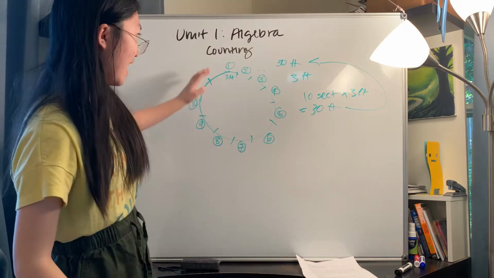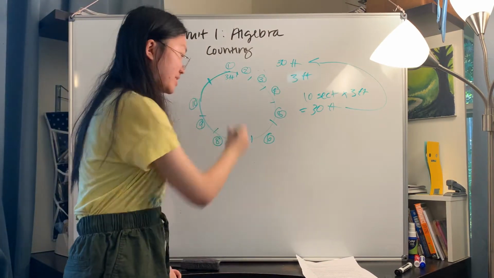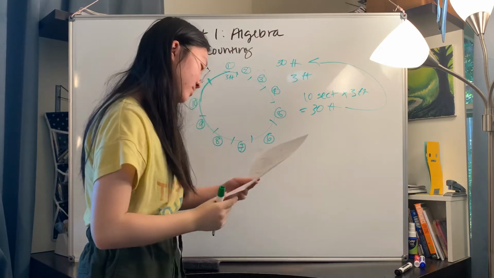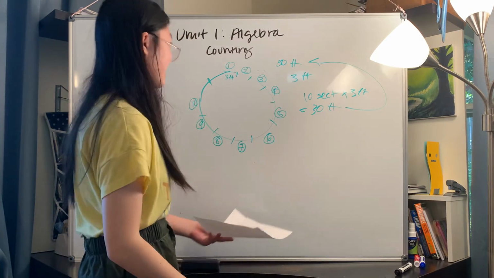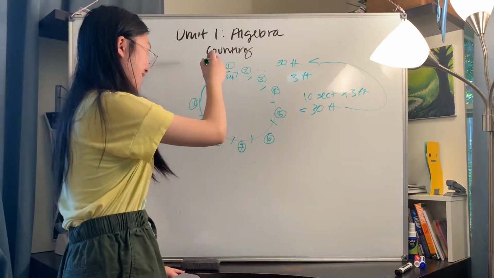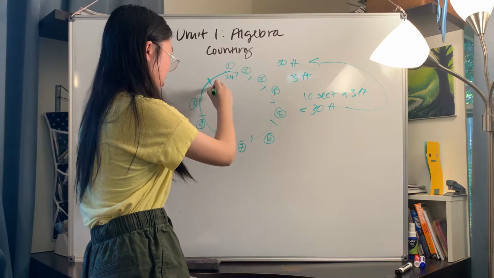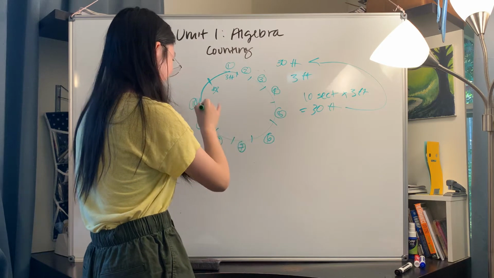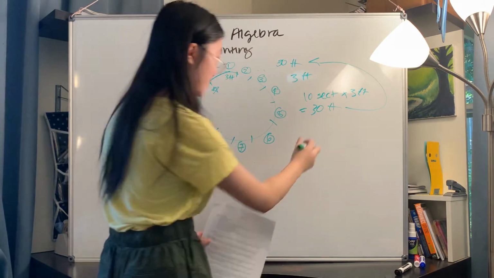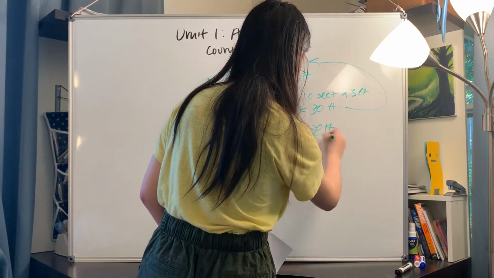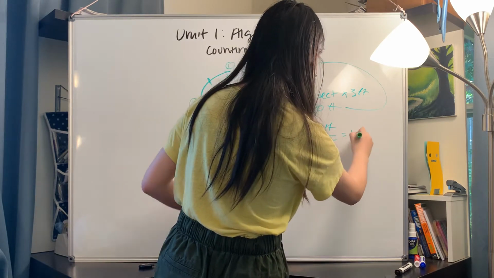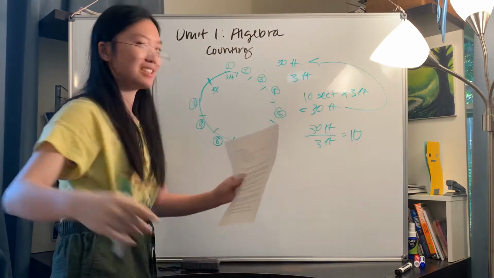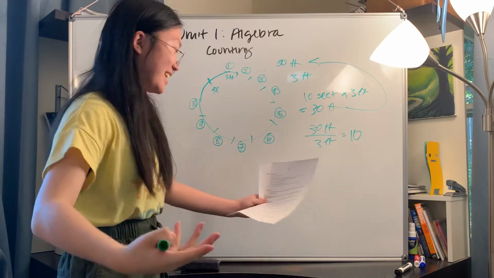But now we want to count the notches here that represent the place settings. So if you were to count them, 1, 2, 3, 4, 5, 6, 7, 8, 9, 10. Which makes sense because 30 feet divided by 3 feet is equal to 10 spots for setting the table.